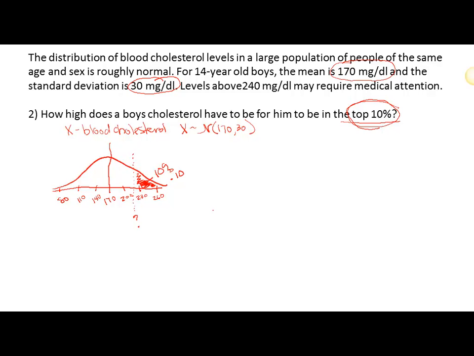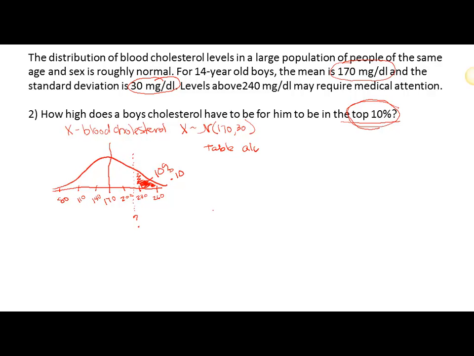All right, so now that I have my picture, this is a backwards normal problem, so I flip-flop the next two steps. I start with my percentage, I go to the table first, I find a Z value in the table, and then I reverse solve to get my X value. Thinking about the table, it always gives the percentile, or the area to the left. So let me write that down.